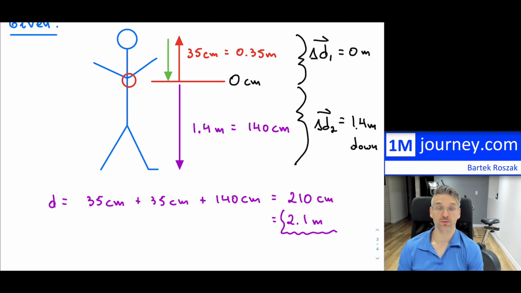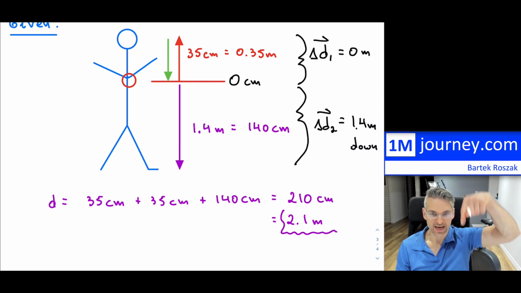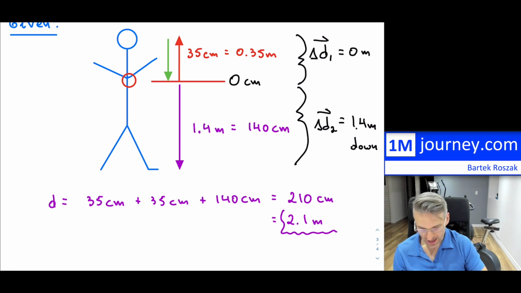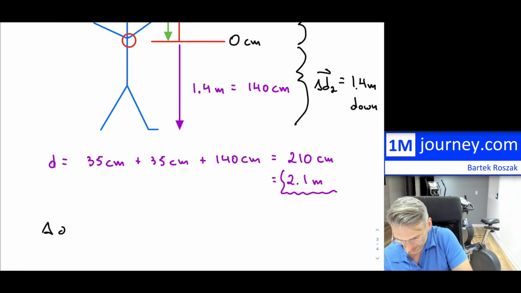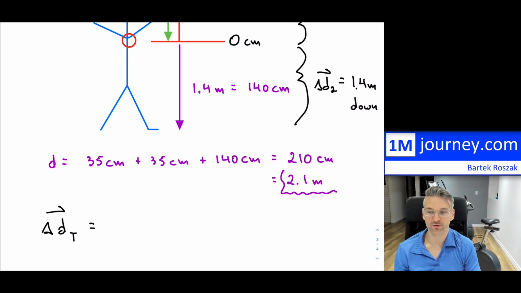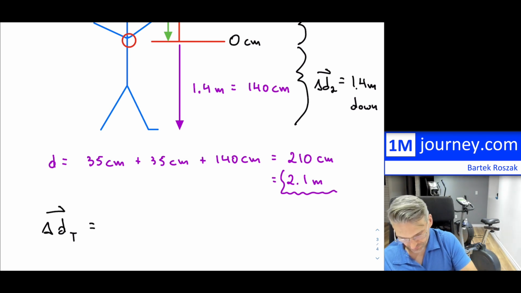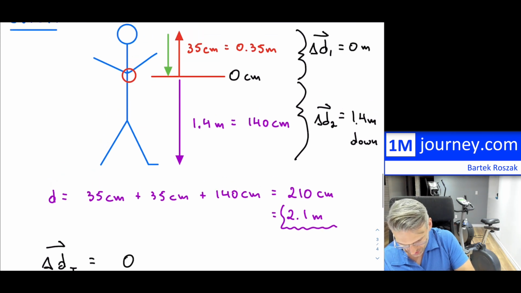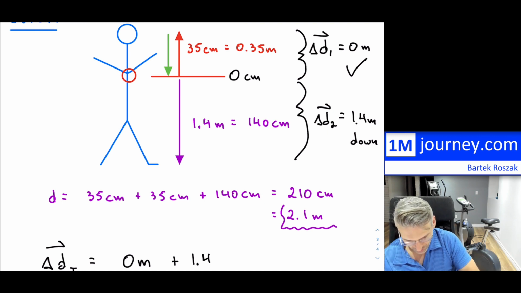In this case, we're going to point down with respect to our reference, because we're going in a down direction. So my total displacement, T for total, with a little arrow above it for the vector, is 0 meters from the first one, plus the 1.4 meters down from the second.